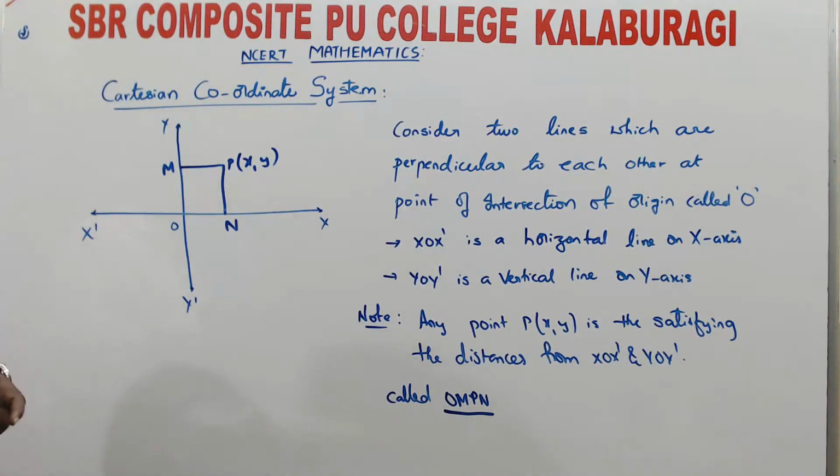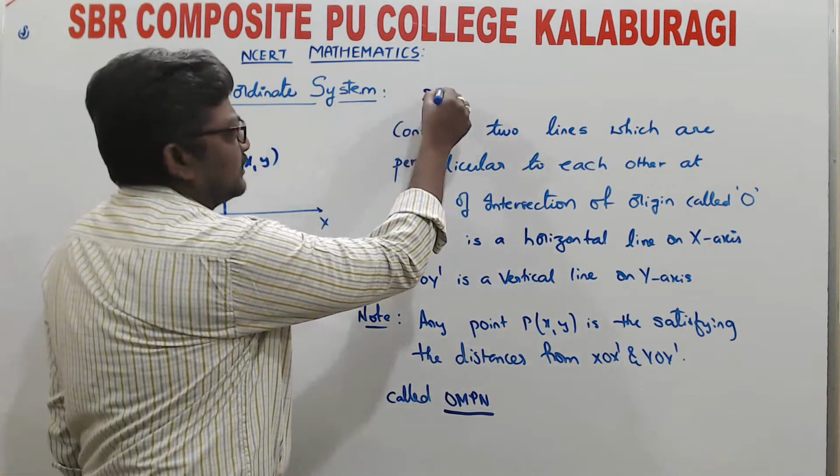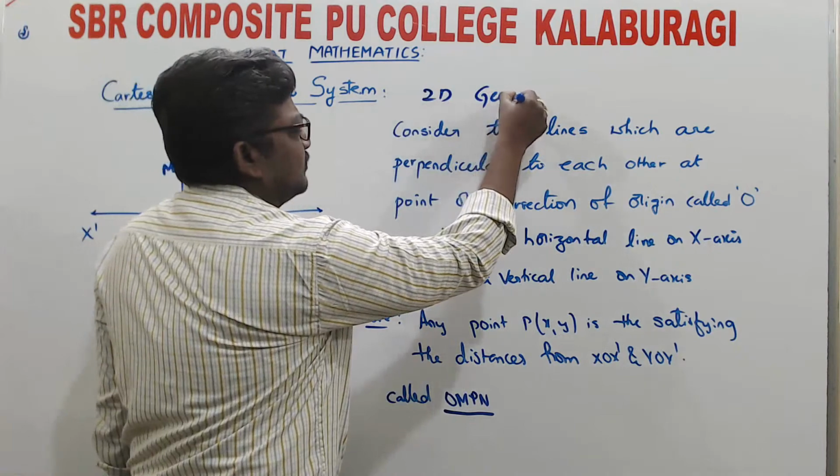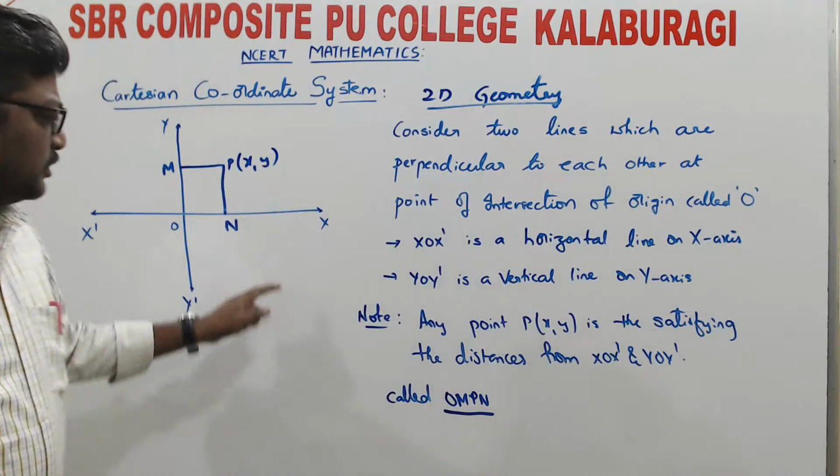This is the coordinate system in which we have two axes. It is also called two-dimensional geometry because we have two axes.